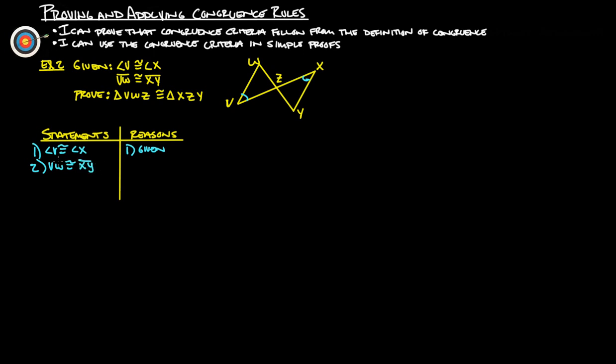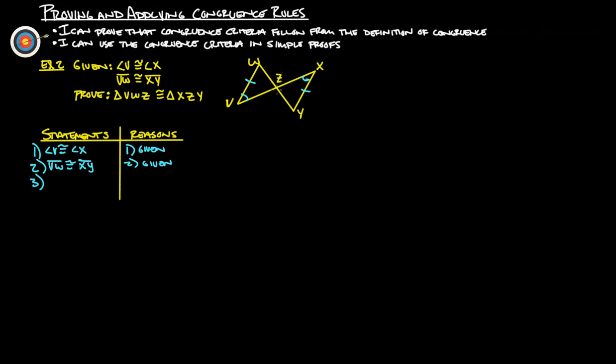Those are segments. Also given. Now, let's mark that up. We got VW. So this is congruent to this. VW is congruent to XY. Now we need one more thing.